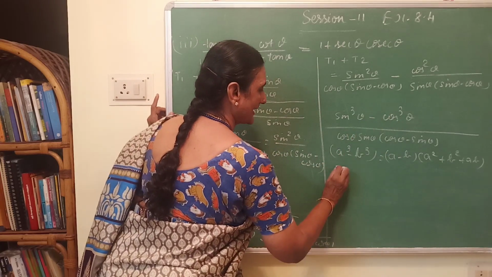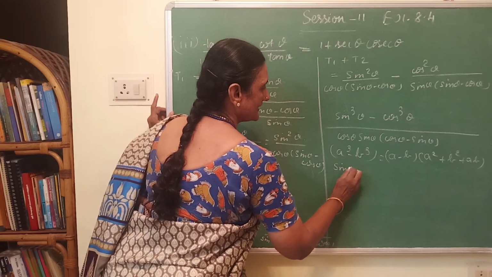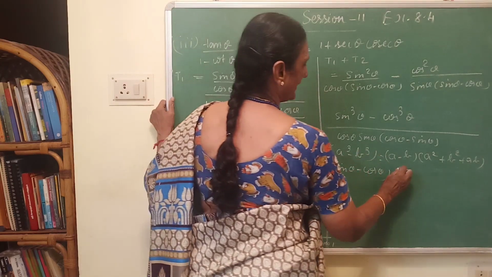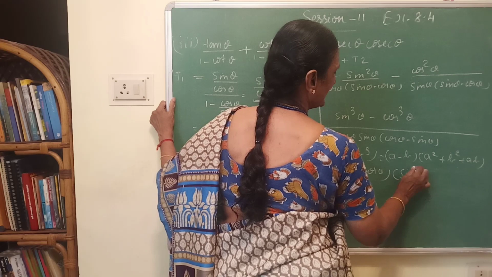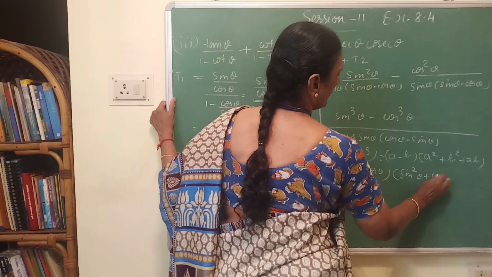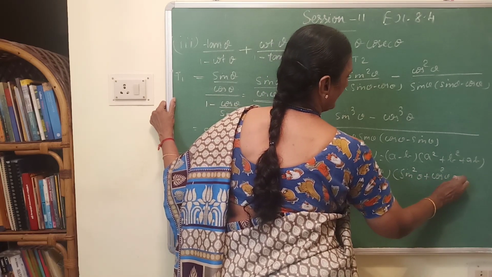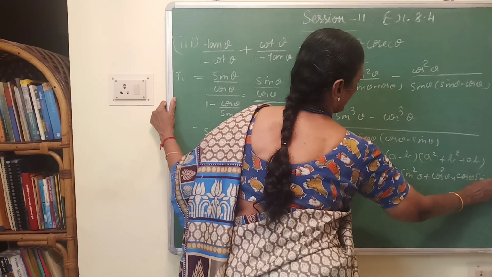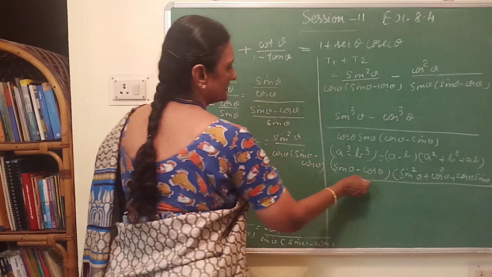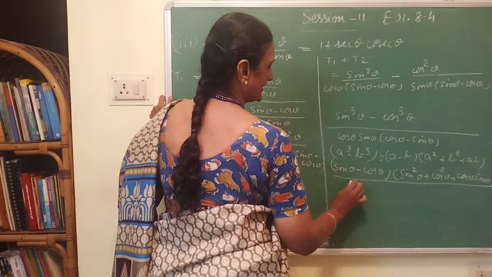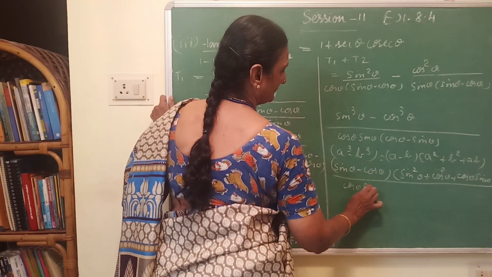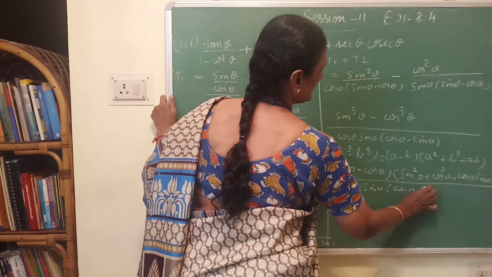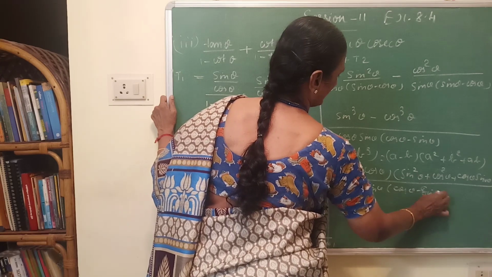So applying this identity, you will get (sin theta minus cos theta) into (sin square theta plus cos square theta plus cos theta sin theta). And of course the denominator is cos theta sin theta into (cos theta minus sin theta).